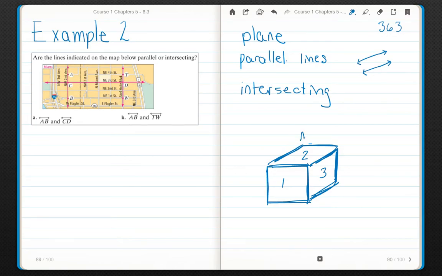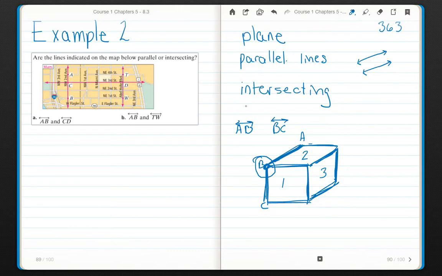So if I was to label this A, B, C, and I have line AB, it's this one here, and then I take BC, those two intersect at point B.